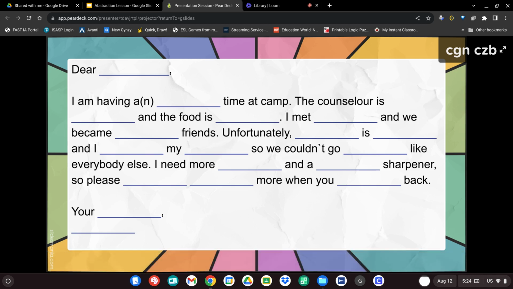This was a letter a child sent home from camp to tell their family member about their time at camp. Using abstraction, those specifics that child put into their letter were turned into variable blanks. So now it's a template that can be used to tell many different stories about what happened at camp.